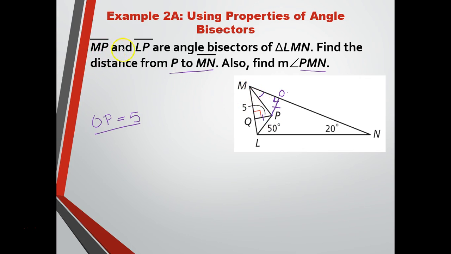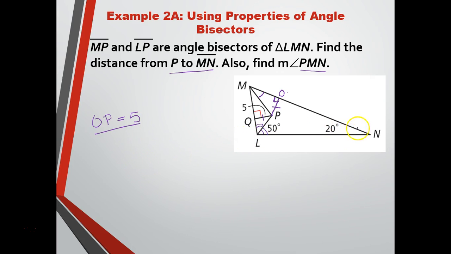That's what is stated up here. So if we know that this angle over here, PLN, is 50 degrees, this right here is also going to be 50 degrees because they are congruent because of properties of angle bisectors.